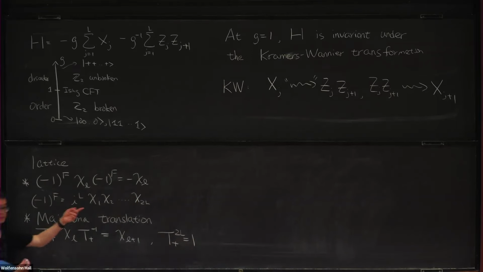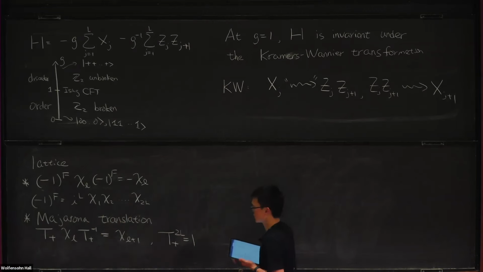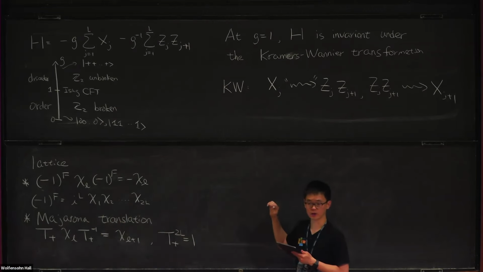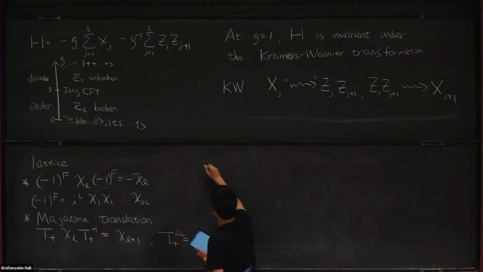It's obviously a symmetry of the H_+ problem. For H_-, the anti-periodic problem, at first sight you might think there's no translation symmetry anymore because we flip the sign on one of the links. But if you think about it a little bit more, there's actually a symmetry.